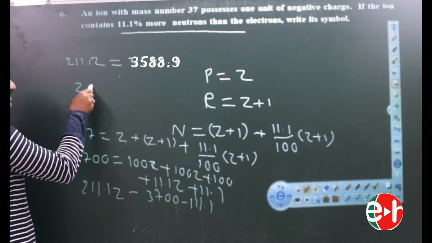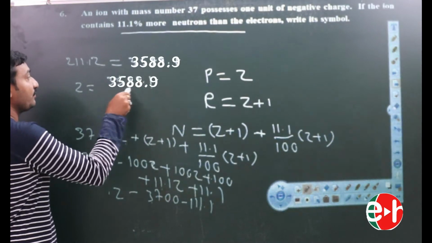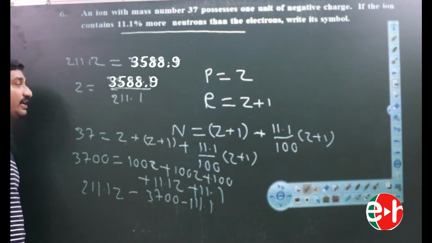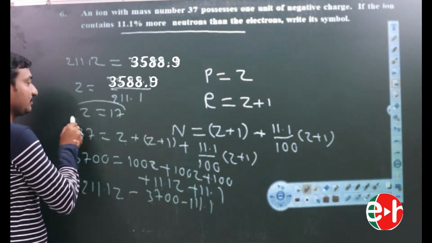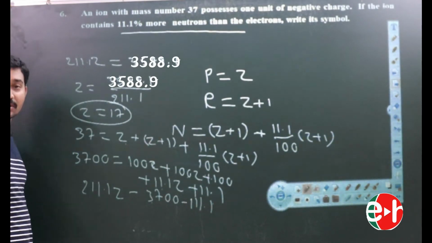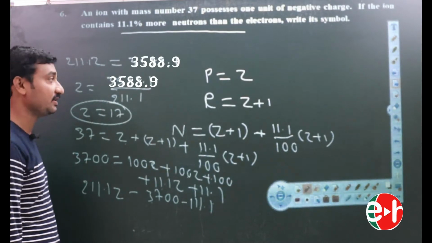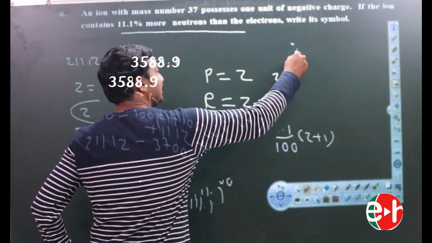Then Z is equal to 3589.1 by 211.1. If you calculate this value, then you will get 17. So Z value is 17. Okay, so finally Z is 17 now.